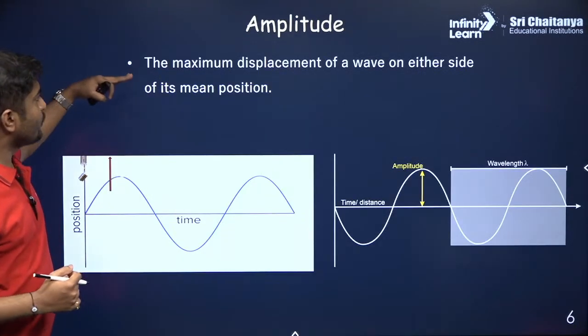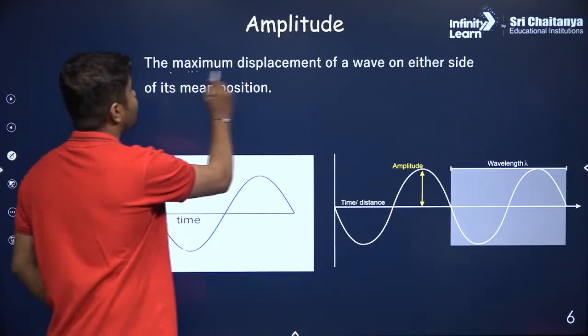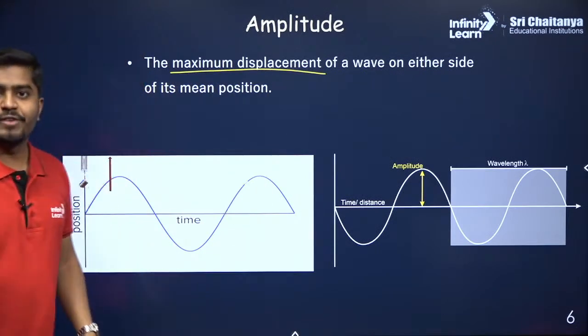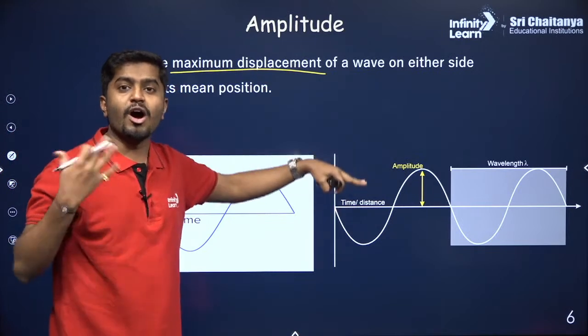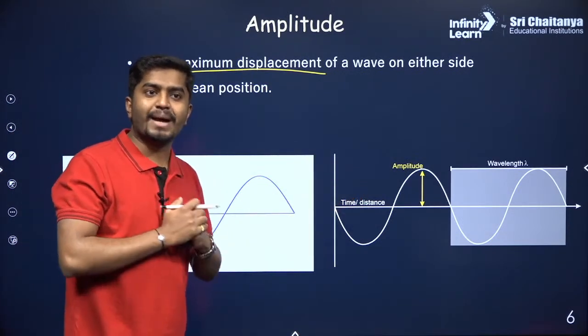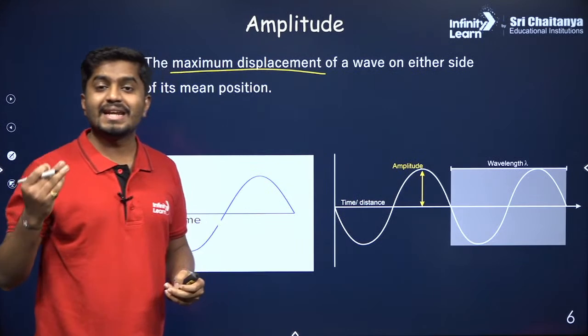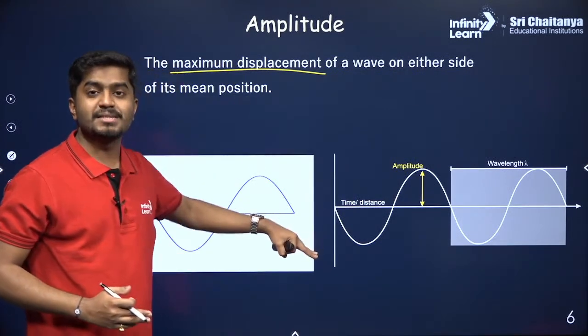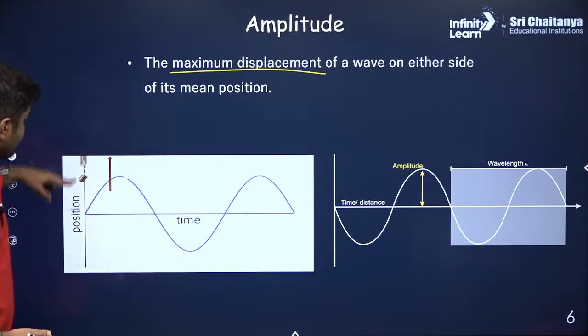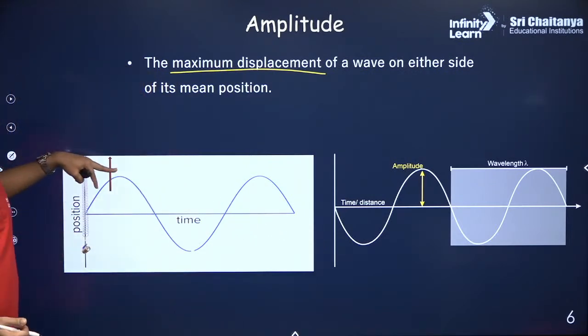What is the amplitude? It is the maximum displacement of a wave, or the maximum displacement of a particle, or in the case of electromagnetic waves, it is either the electrical field or the magnetic field. That maximum displacement is called amplitude. You see, there is an oscillatory motion. This object is oscillating.